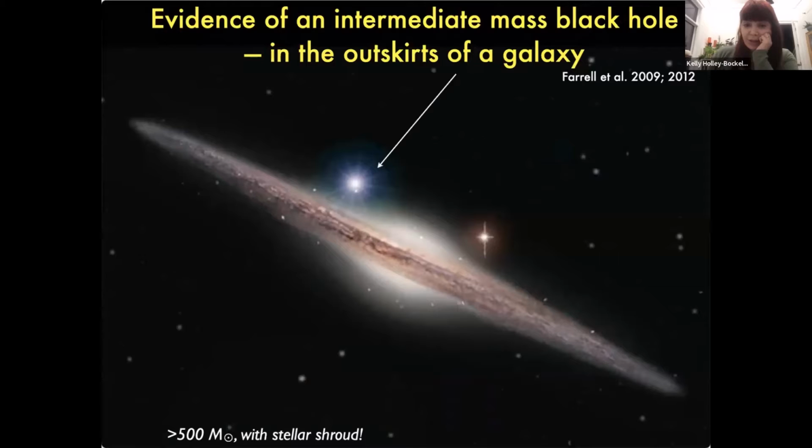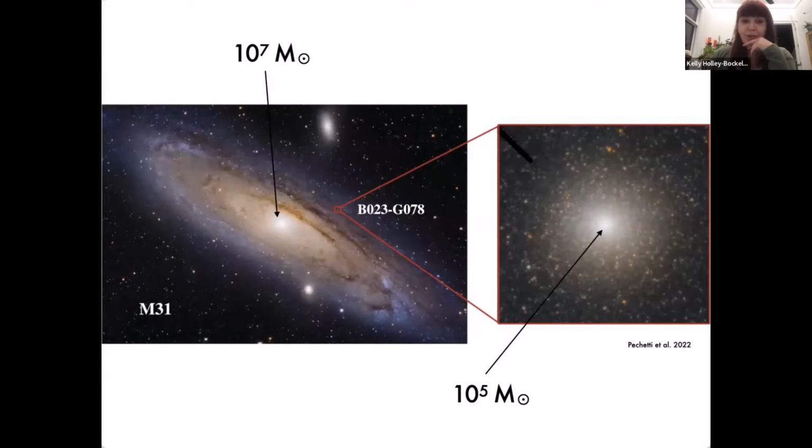There are some other even lower mass black holes found in the outskirts of galaxies. There's one of the early ones, HLX-1. Here's a very recent one. This is Andromeda. It's got a 10 million solar mass black hole. It has a little satellite galaxy that has an intermediate mass black hole in it.